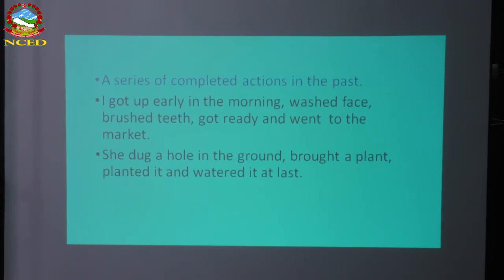One after another, in sequence, in order. Similarly, the next example: she dug a hole in the ground, brought a plant, planted it, and watered it at last. So, one after another in sequence.